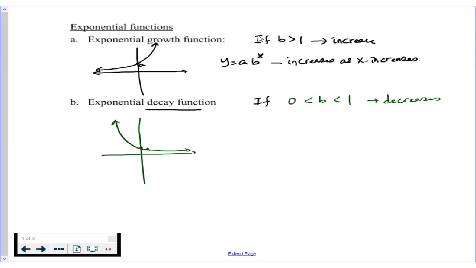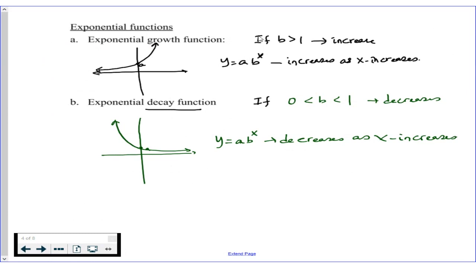You'll see asymptotes in graphs most probably in 124 or above. So this function, y equals a times b to the power of x, decreases as x increases.